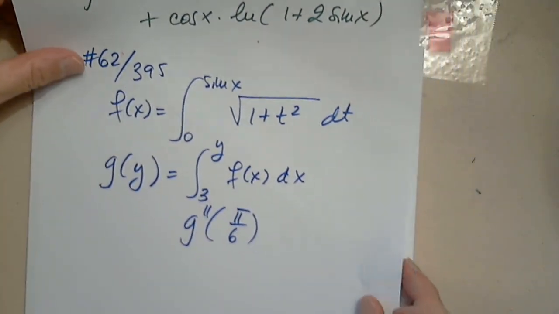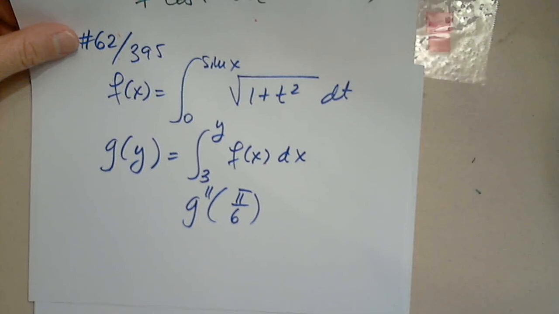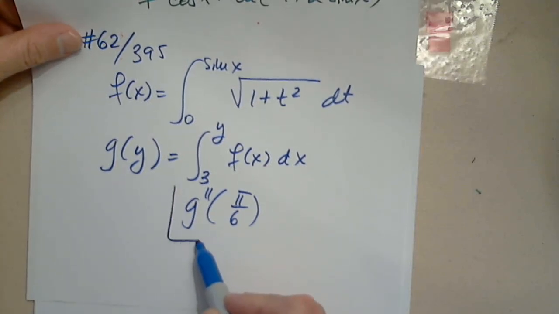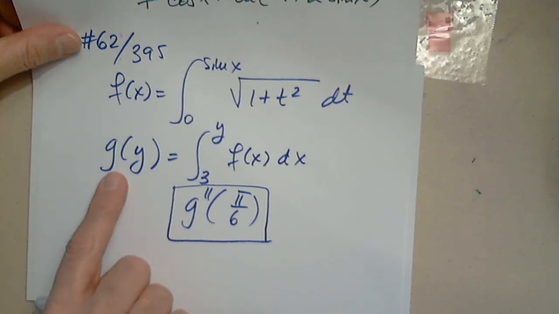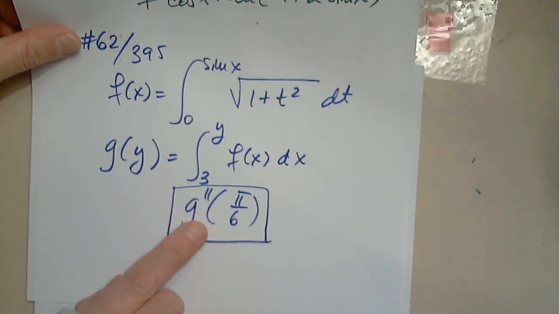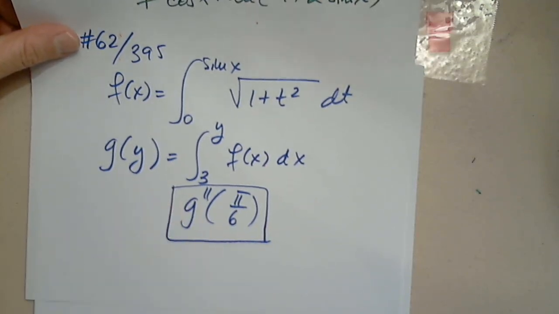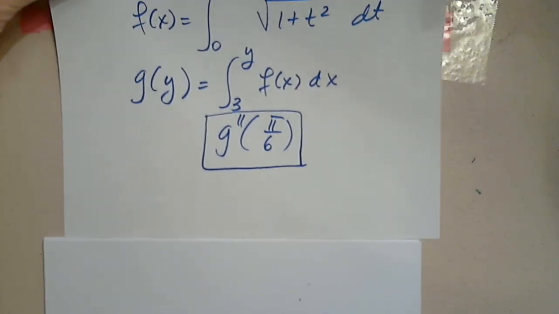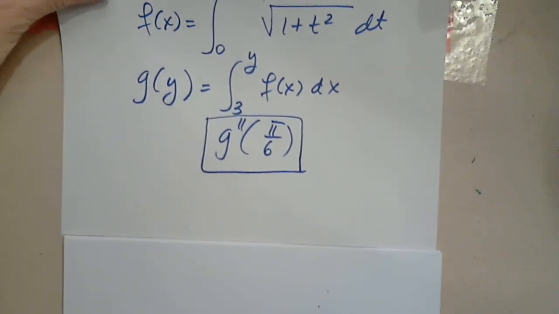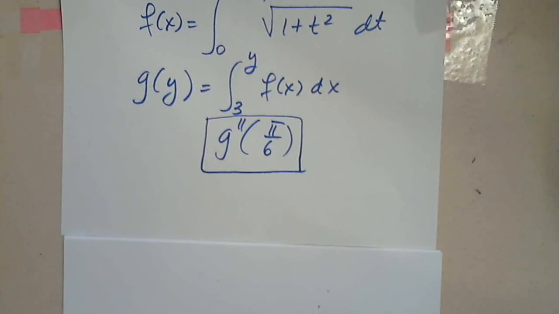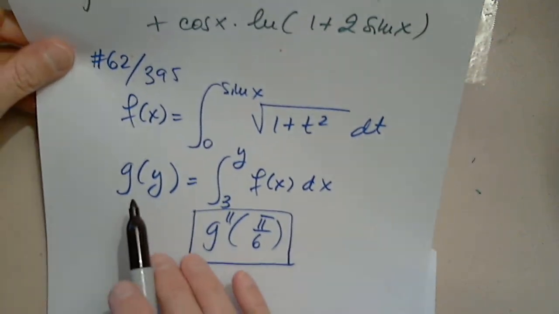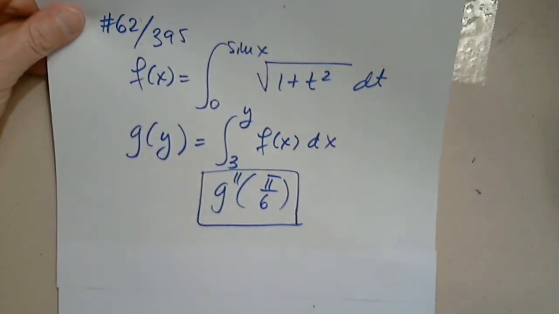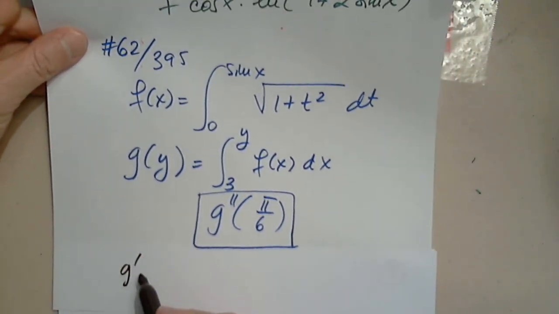Okay, so in order to find the second derivative of this, obviously I have to find what first? First. Right. Okay, so I'll have to start with the first derivative. So let's say g prime of y.